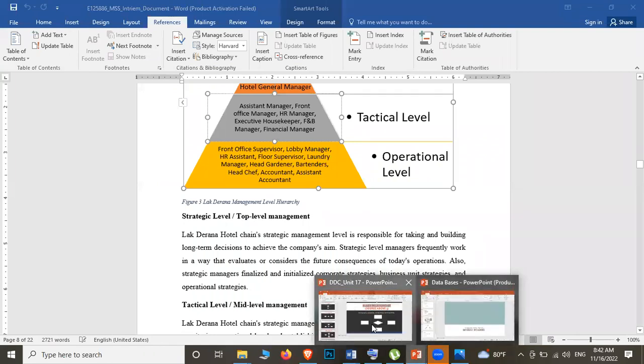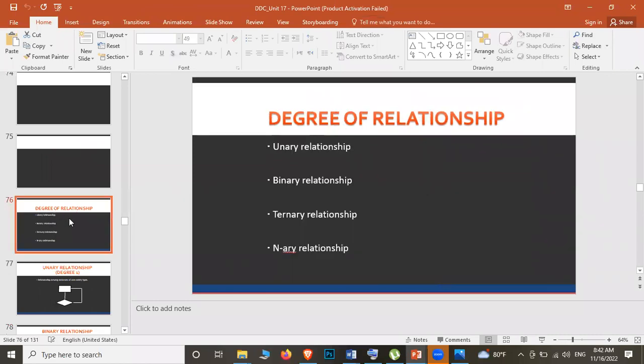Now let's move to the presentation which we were going through in the last class. In the last class I told you that there are four kinds of relationships available, but I still didn't explain them to you, isn't it? Can you remember? I said I would explain them with examples in the next class. Unary, binary.